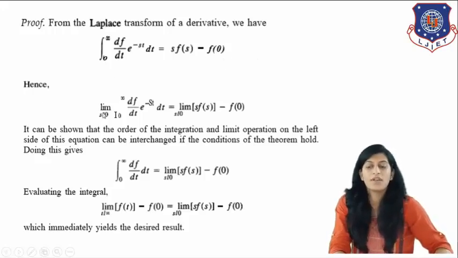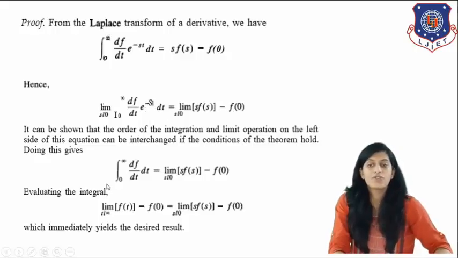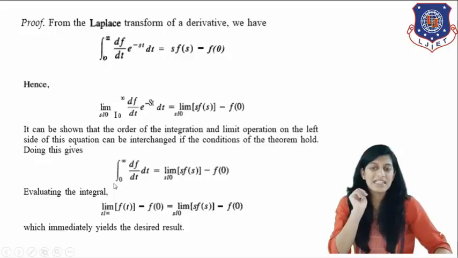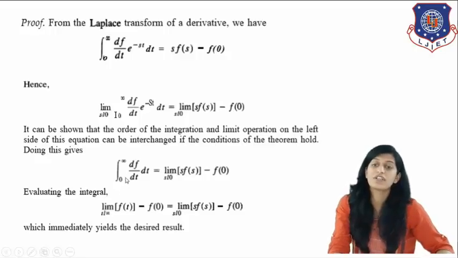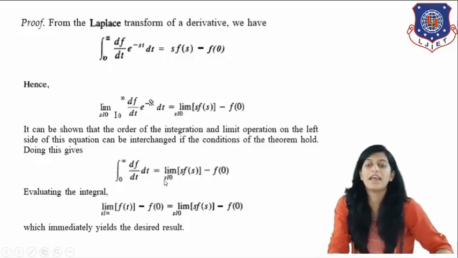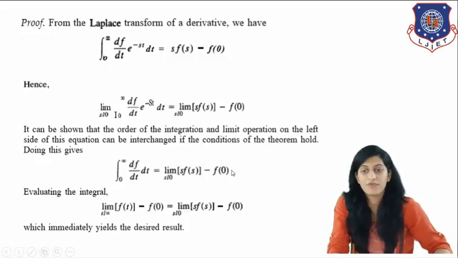Now, simply putting the limit s tends to 0 in the integration 0 to infinity df by dt e raised to minus st into dt, can we simply interchange the limits? Simply interchanging the limit, it can be written as integration 0 to infinity df by dt into dt, which is equals to limit s tends to 0 s F of s minus f of 0.